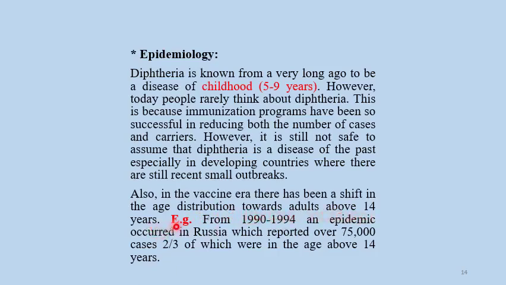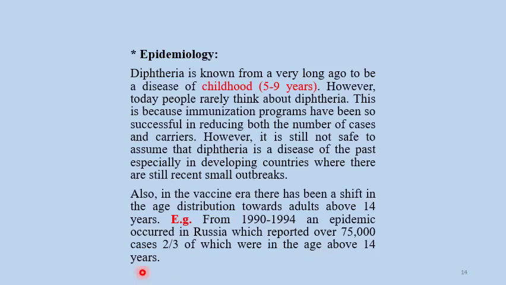And this was very obvious in a certain report since 1994. It occurred in Russia. An epidemic occurred in Russia, which reported over 75,000 cases. تلتين these cases, الحالات دي, were in the age above 14 years.